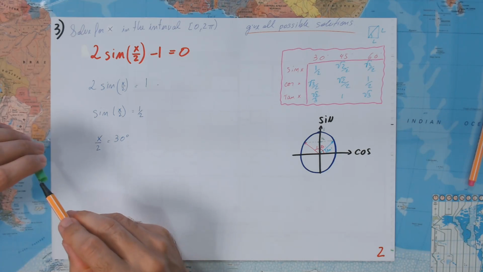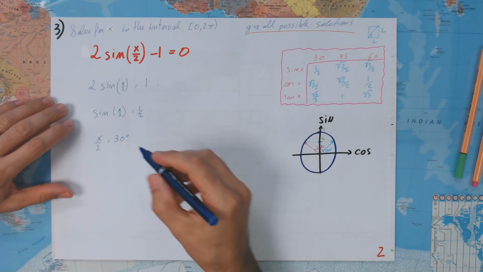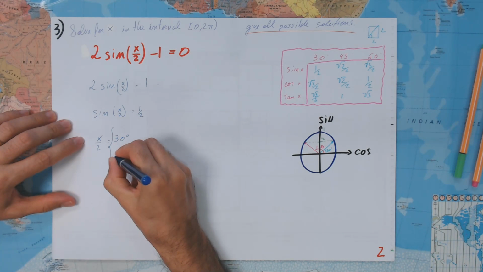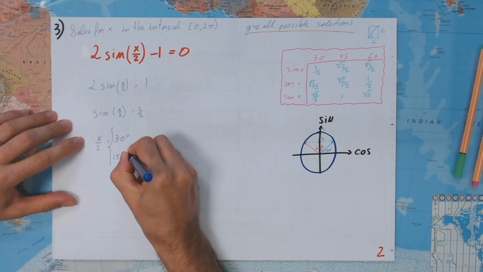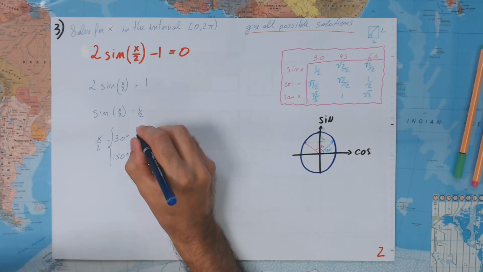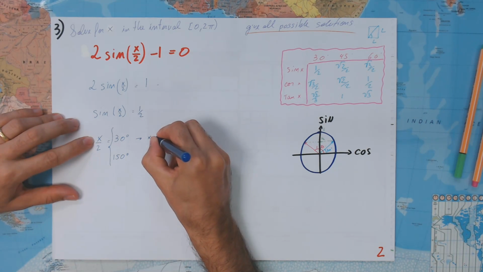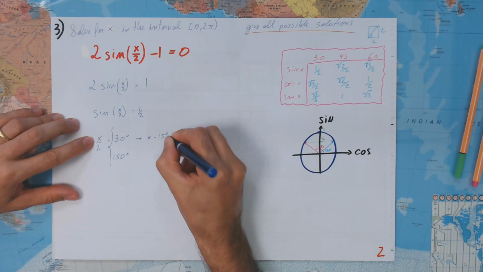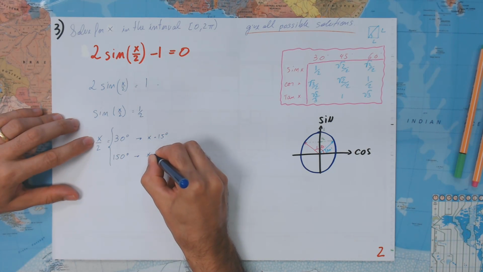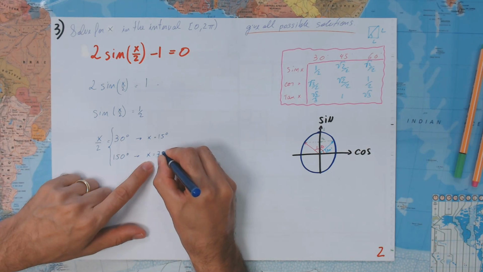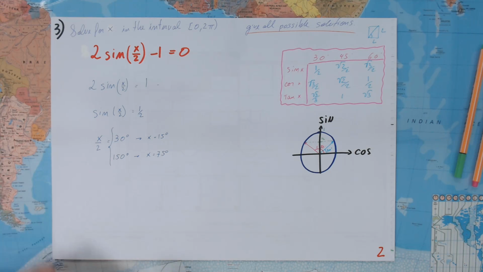So we have 2 possible answers in here, and both of them are good. 30 degrees and 150 degrees. Well, but x over 2 is this. Therefore, x is going to be 15 degrees, and in here, x is going to be 75 degrees. Okay? Just have to bear this in mind.